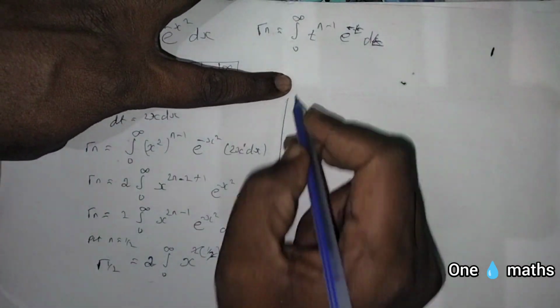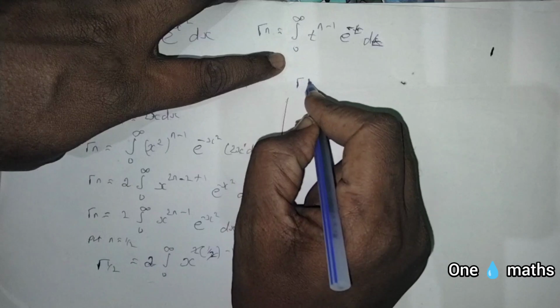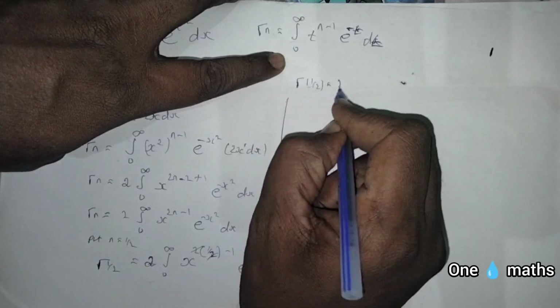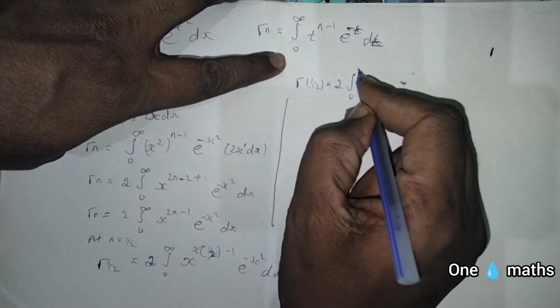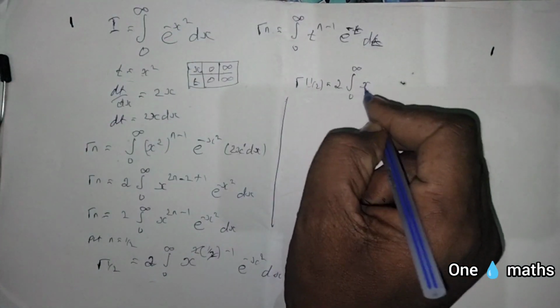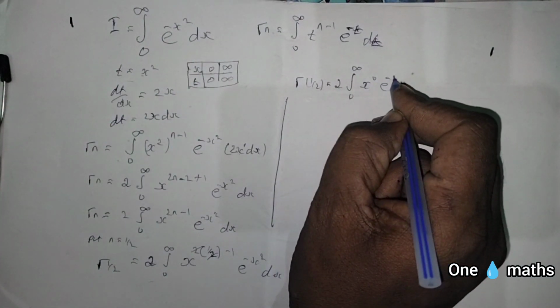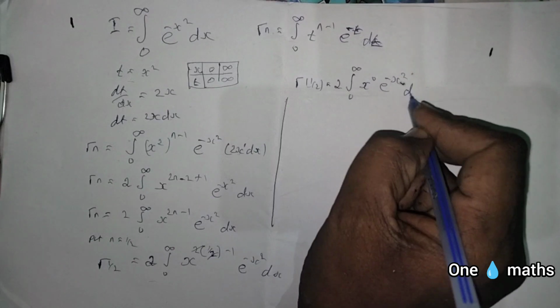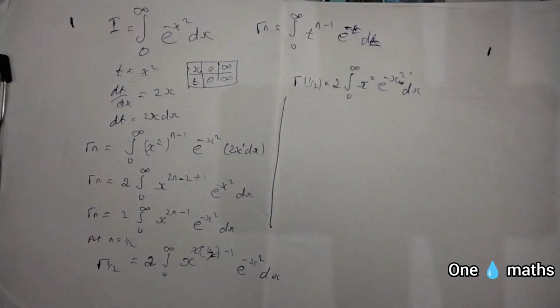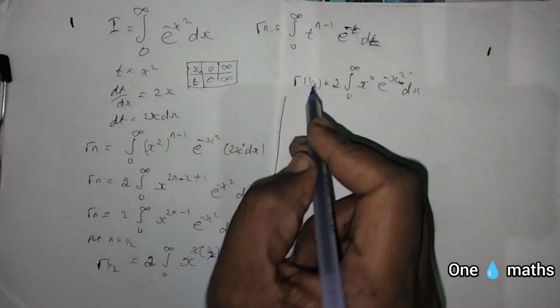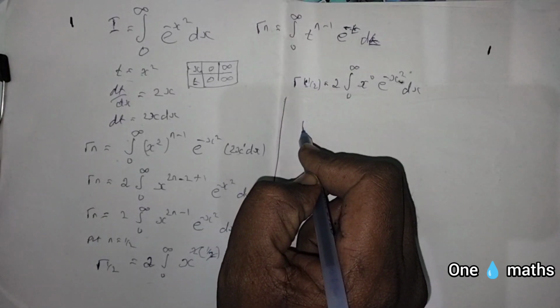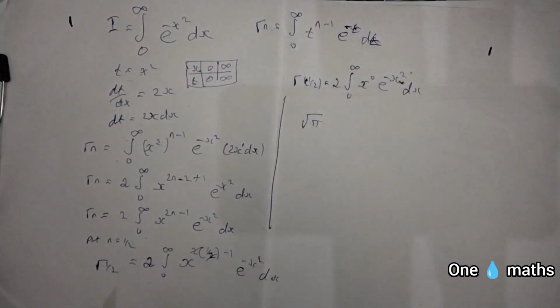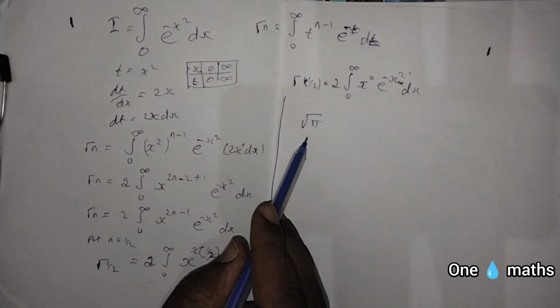Now gamma 1 by 2 equal to 2 into 0 to infinity x power 0 e power minus x squared into dx. Now the gamma 1 by 2 value is root pi.